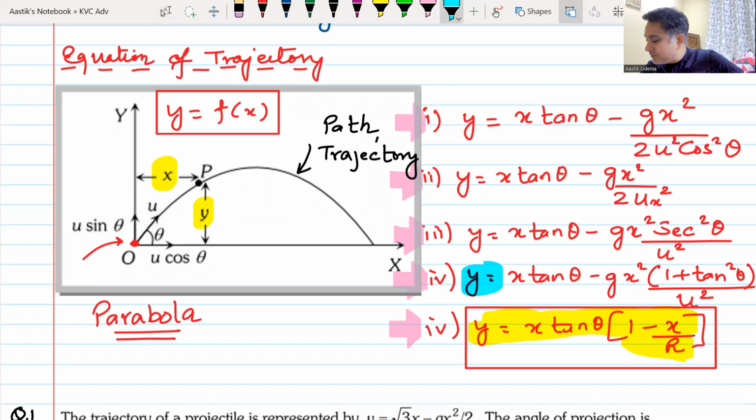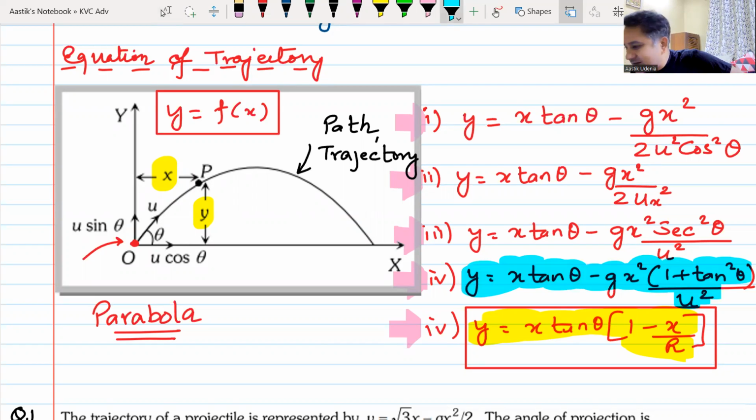That is this form. But remember, in this form, you can find out the value of tan theta straight away. Do you understand this? So whenever you are supposed to find the angle, this is probably the form that you must go about. If the equation of trajectory is not given and you are supposed to find the angle, the blue form is the form that you must look at.